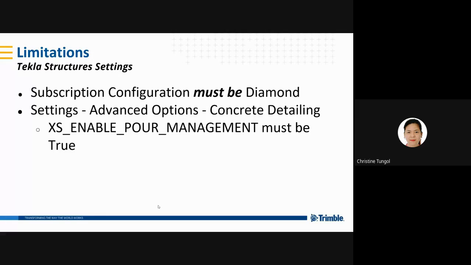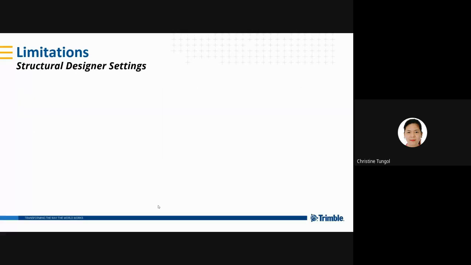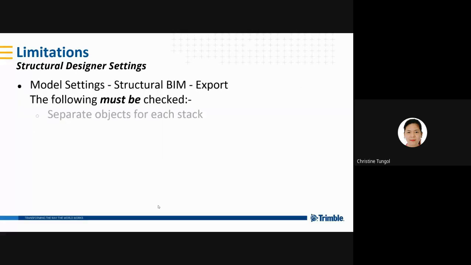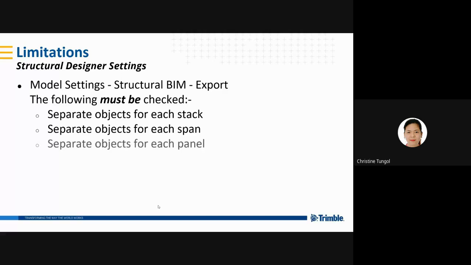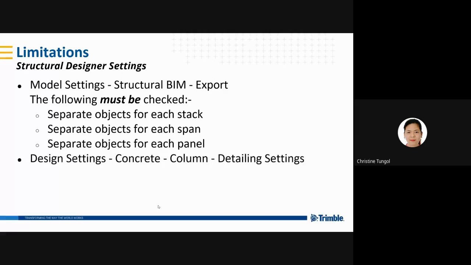This option should be true by default in the target environments for the relevant roles or configurations. The separate objects for each stack, each span, each panel, and the design setting of concrete column and wall must be checked in the model settings of Tekla Structural Designer.